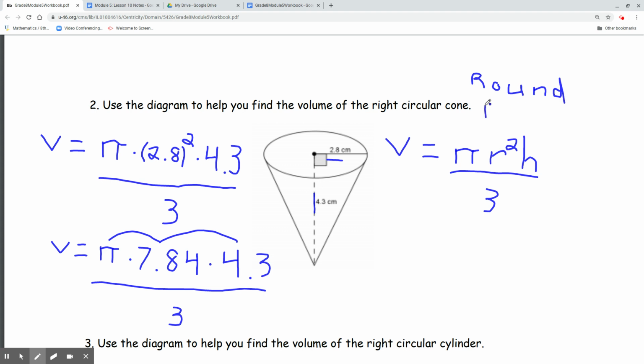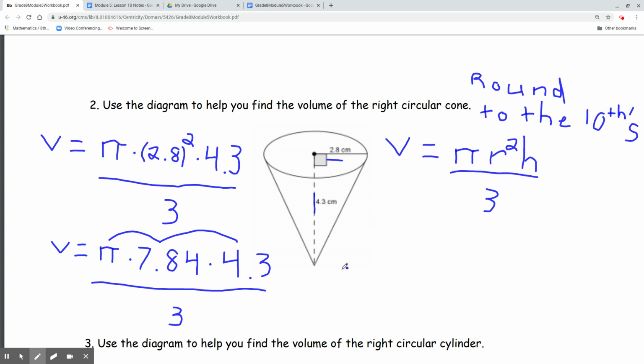Round to the tenths place. Sorry, I'm writing this on camera, so it's taking me a bit. So round to the tenths place.